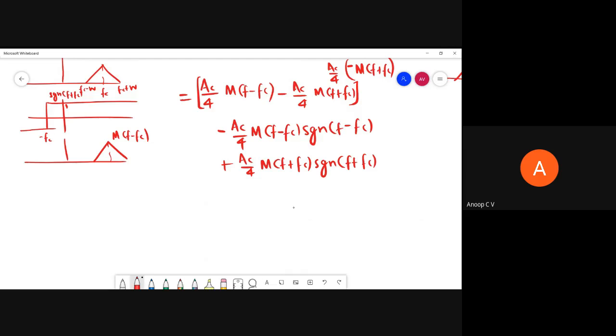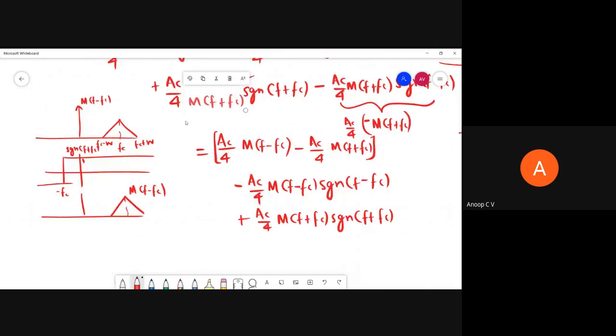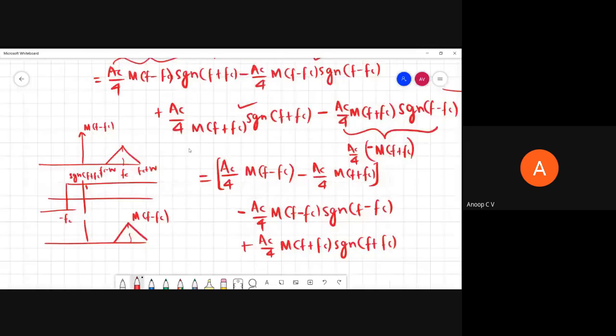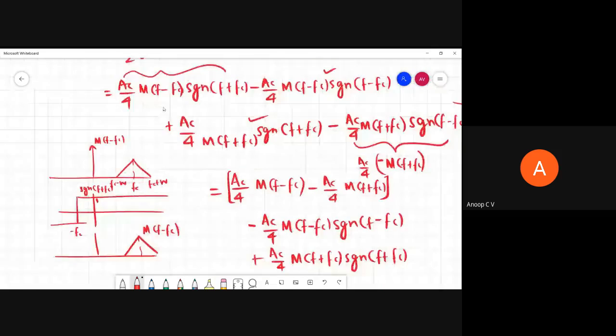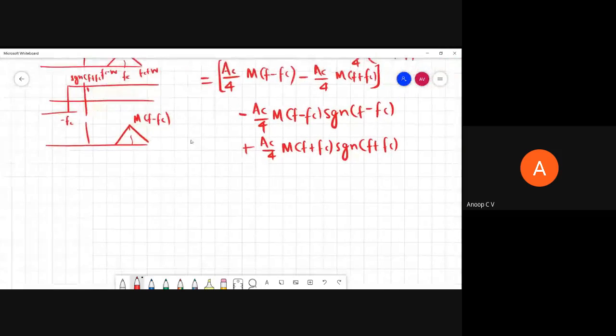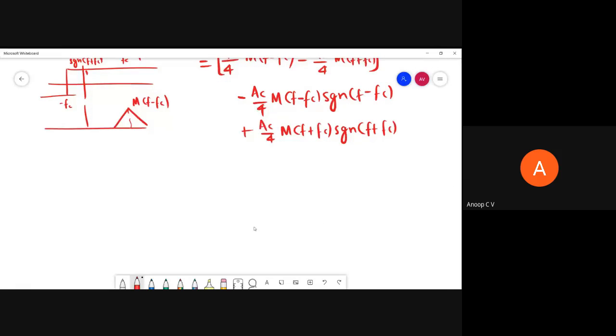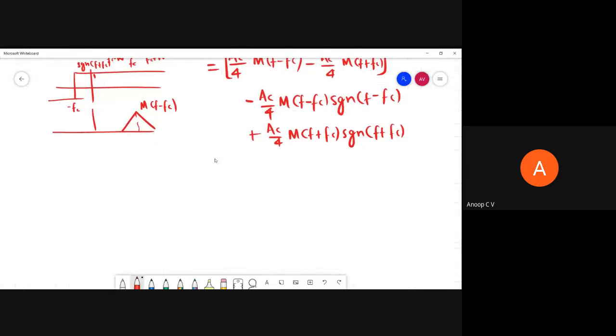What is it that we are writing? If you go above and see, this is equal to SLSB of f. Now I'll write the frequency domain expression of SLSB of f.